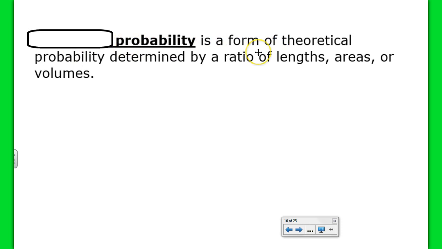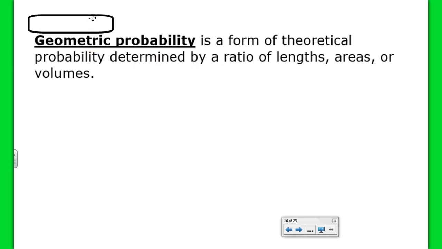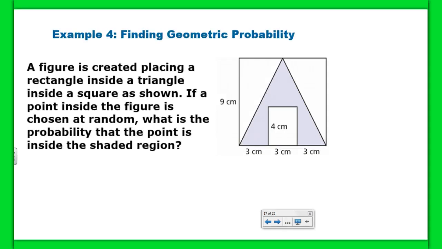So a form of theoretical probability determined by lengths, areas, and volumes ratios is known as geometric probability. A figure is created placing a rectangle inside a triangle inside a square, as shown.